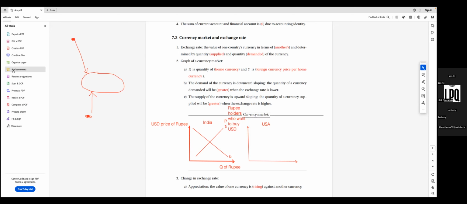Very similar. Then what is the demand? Who is the demand side in the Indian market? Very similar, we can call them, this time, USD holders. Once again, most likely they are Americans, because Americans use USD, but not necessarily. A lot of foreign nationals also hold USD, for whatever reason.